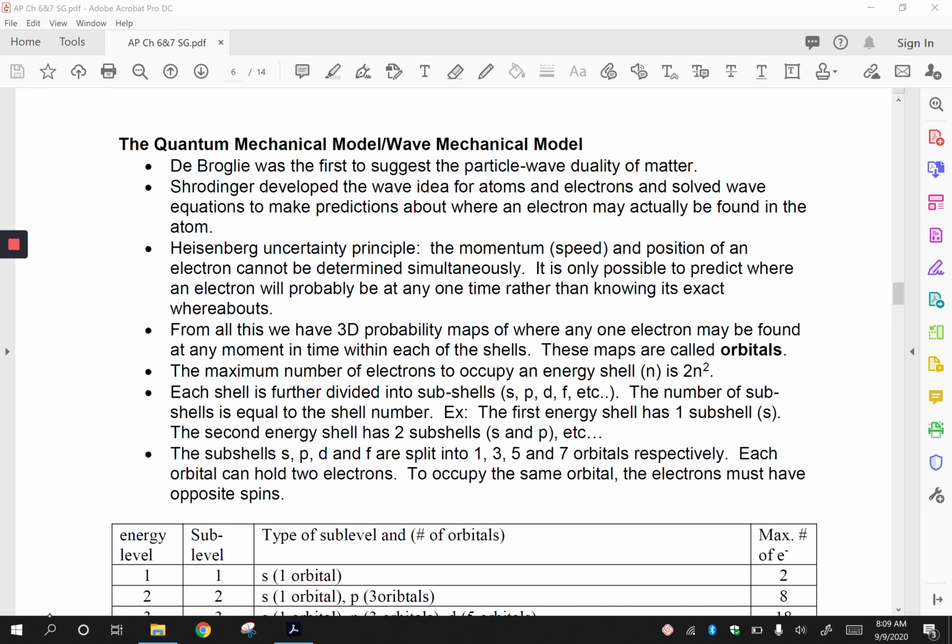Shell means level. I've always used energy levels. The CED by College Board uses energy shells. Shell or level are interchangeable, so energy level or energy shell. So these maps that show us high probability of finding electrons, we call those high probability areas orbitals.